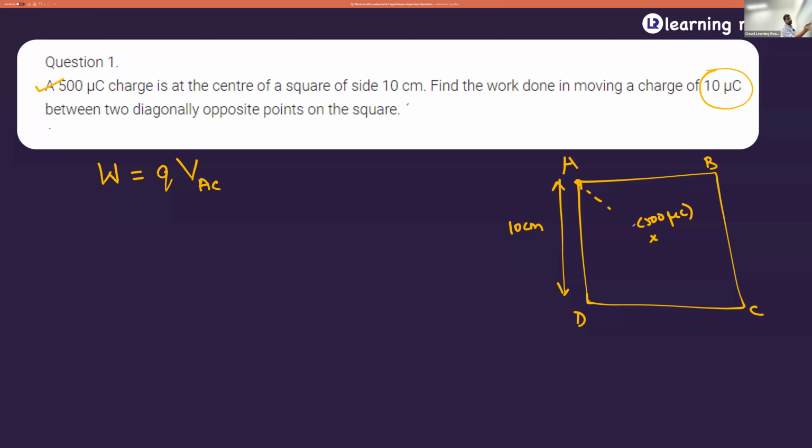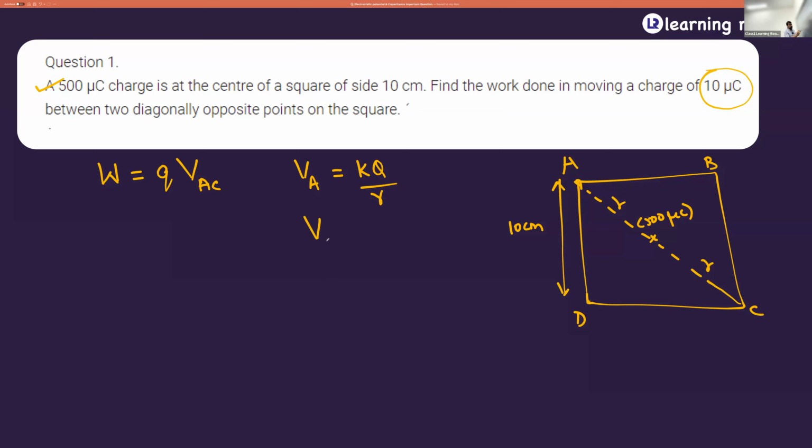If I take this distance to be R, can I say this distance is also R because they're symmetric with respect to that point? Now, what is going to be the potential of point A? It is going to be K into capital Q divided by R, where capital Q is 500 microcoulomb, divided by this distance.